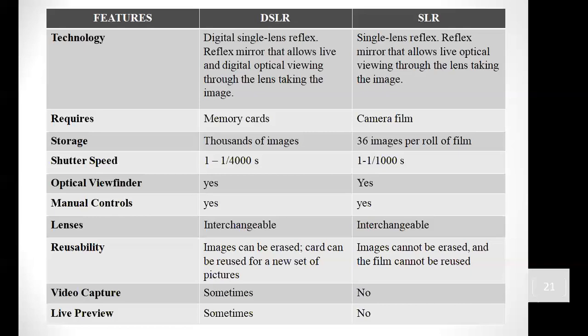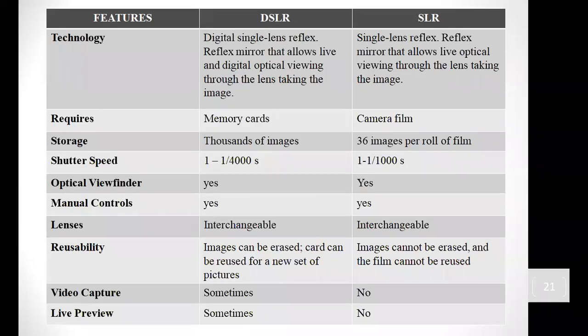The disadvantage of SLR is if you click it, even if the photograph is not good, still it will be stored in your camera, and you'll have to process it. And shutter speed is also less in normal SLR, while it is more in digital SLR. So obviously there are some advantages also.